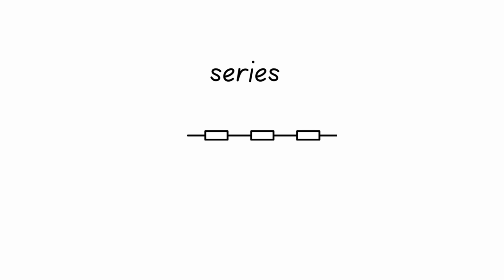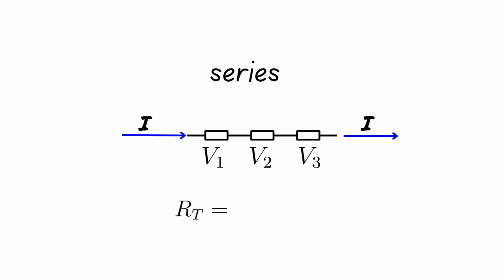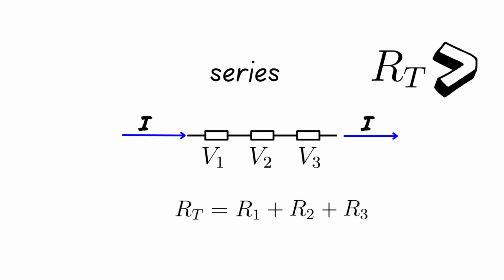For resistors in series, the voltage of the battery is split amongst them, and the current flowing through each one is the same. The equivalent resistance of these resistors is the sum of all the resistors in series. So, overall resistance is always larger than any of the individual resistances in the branch.